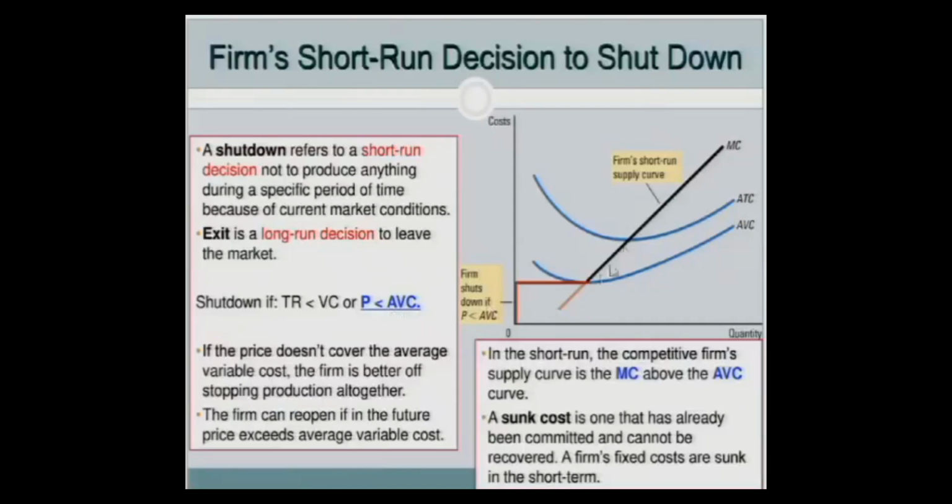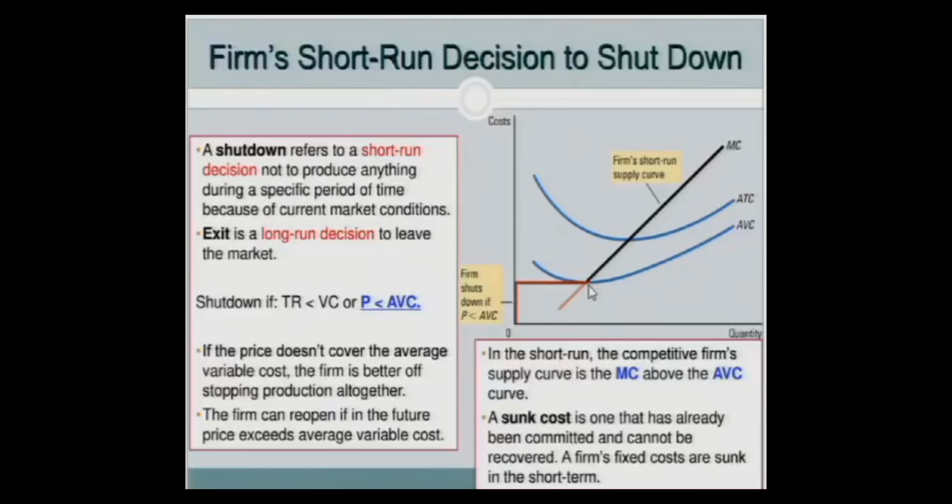Think of it this way. This is your marginal cost curve, and we define it as a short-run supply curve. But the firm is not willing to supply the quantities corresponding to prices lower than the average variable cost. That makes sense, because if the firm is not able to cover its variable cost, and variable costs change with production, the cost of production increases with the additional units, and that's where variable costs kick in.